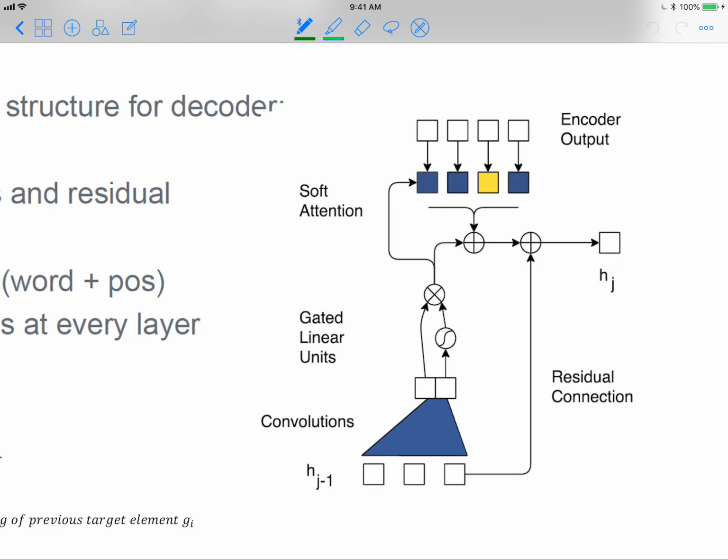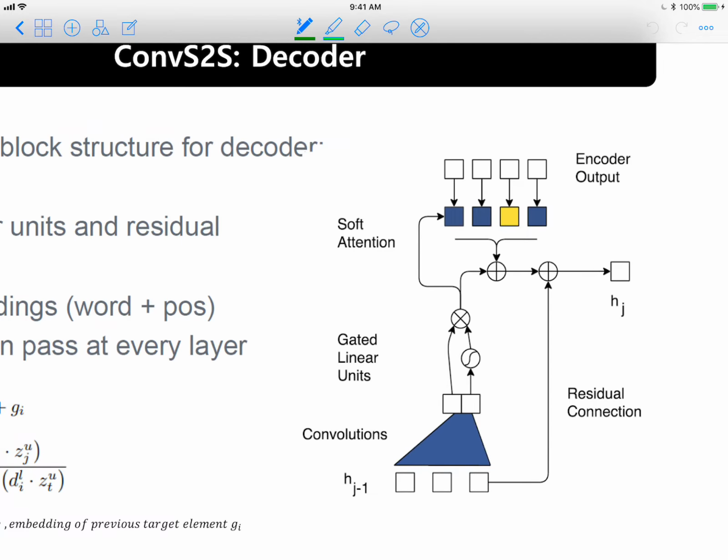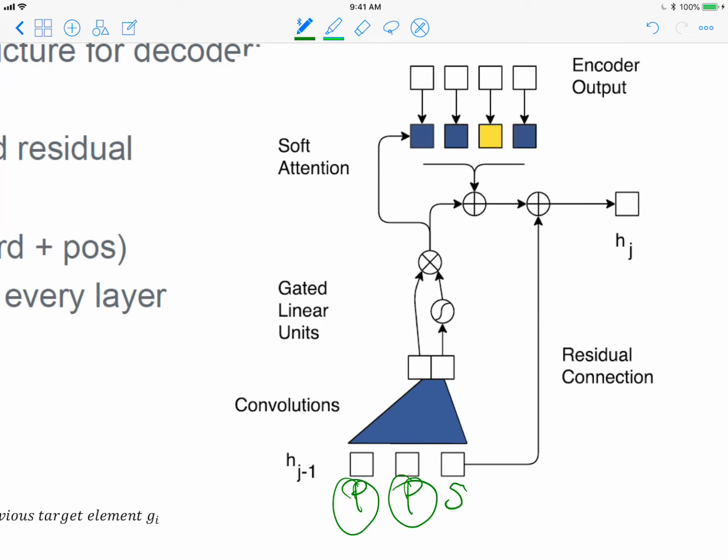Initially, given the convolution with the filter size of 3, we start with P, P, S. Those two P's are just the padding embedding vectors, and this is the start of sentence token.